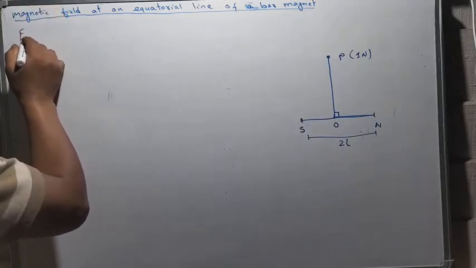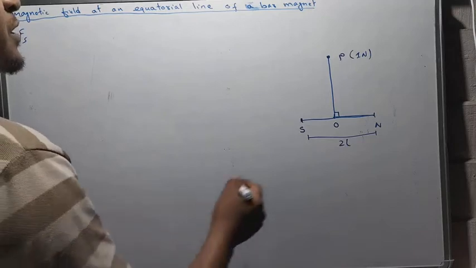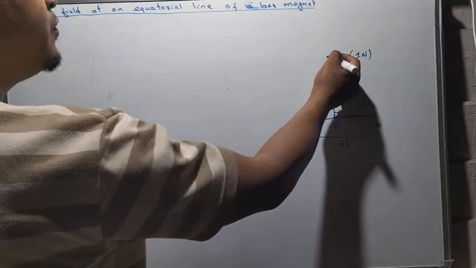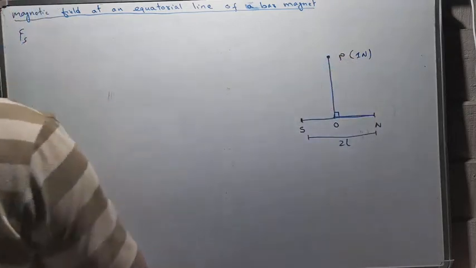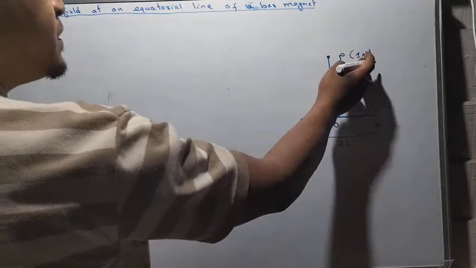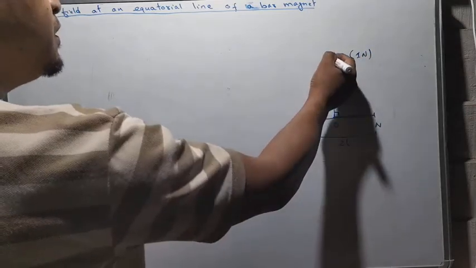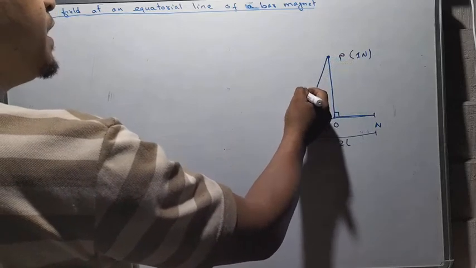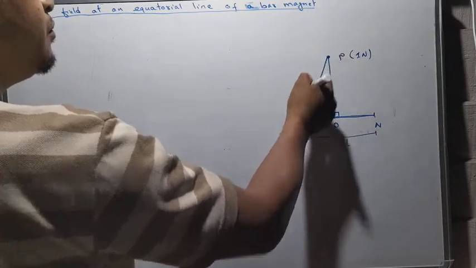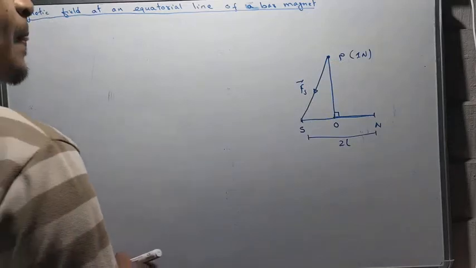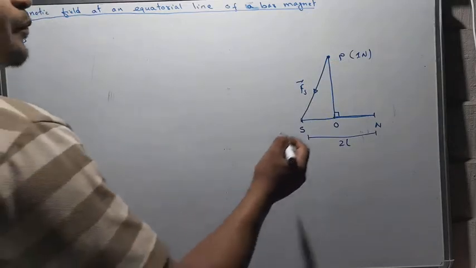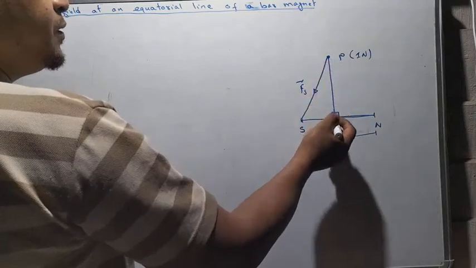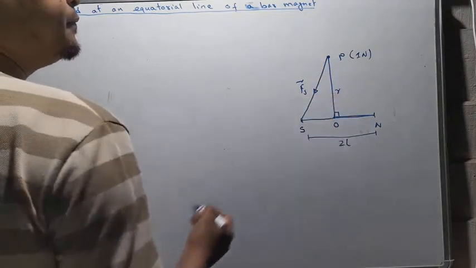Suppose Fs is the magnetic force experienced by a unit north pole at P due to the south pole. Because this is north and this is south, the force will be attractive. So your Fs will be acting along PS. Now let us say that this distance PO is equal to r.